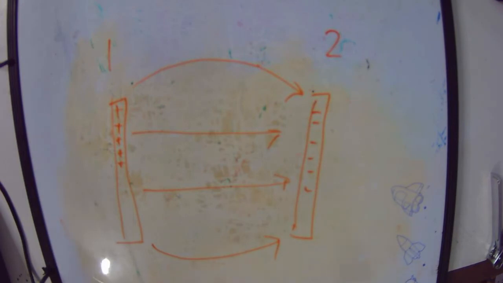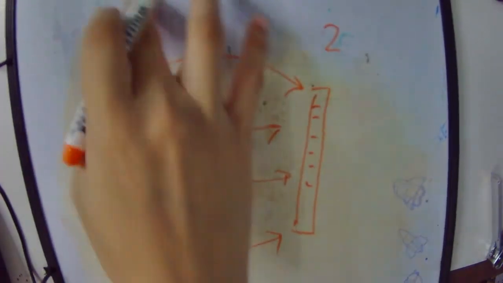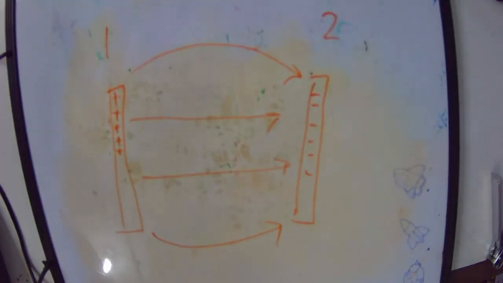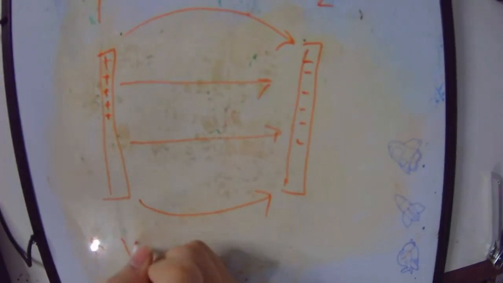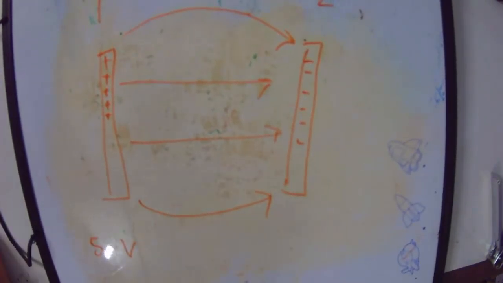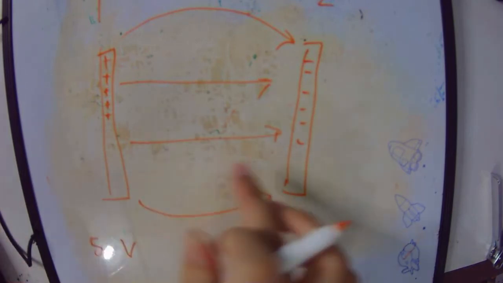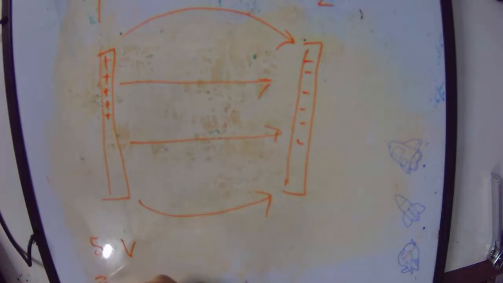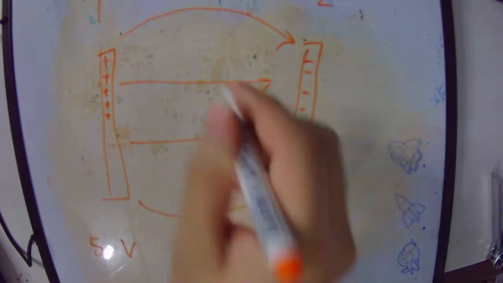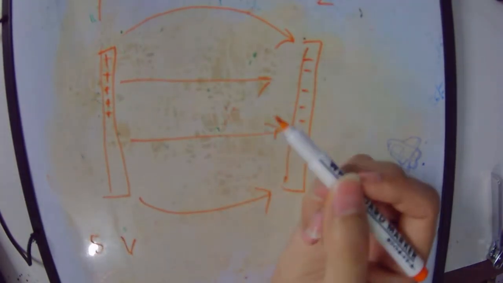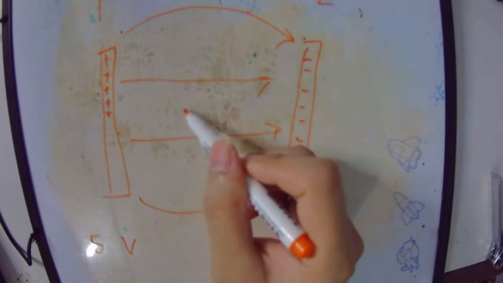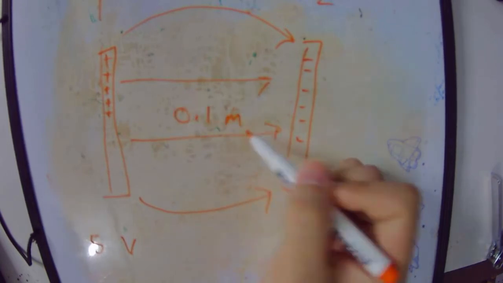If the potential difference between these two plates is 5 volts, that's too high. So let's say the potential difference is 5 volts. And the distance between these two is, let's say, 50 centimeters. No, let's make it smaller, 10 centimeters or 0.1 meters.